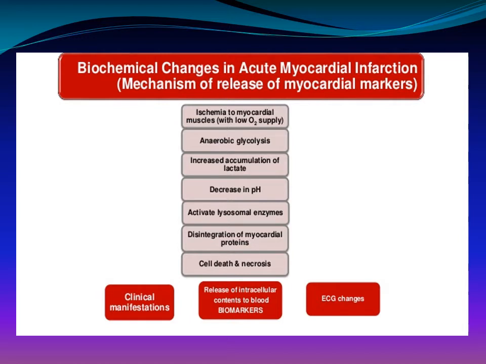The decrease in pH activates lysosomal enzymes. The lysosomal enzymes cause disintegration of myocardial proteins, cell death and necrosis. This results in the release of intracellular contents as biomarkers. At the same time, clinical manifestations appear and ECG changes occur.